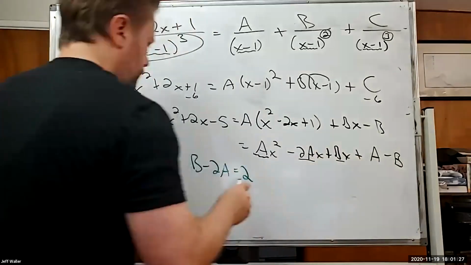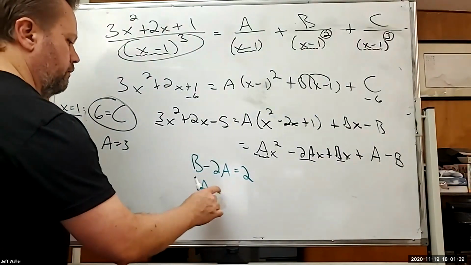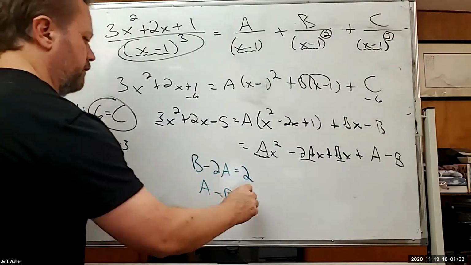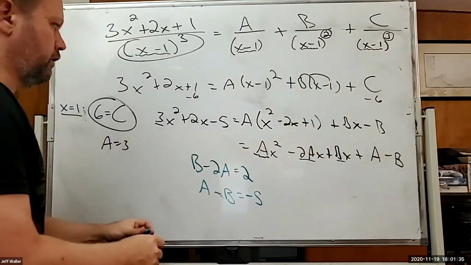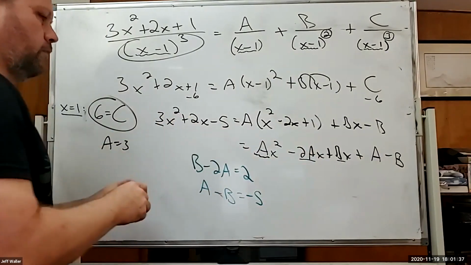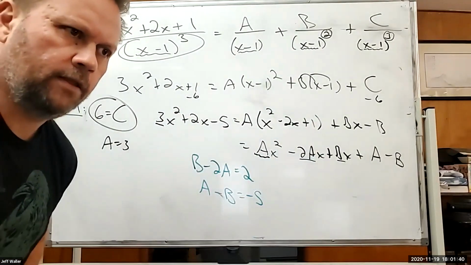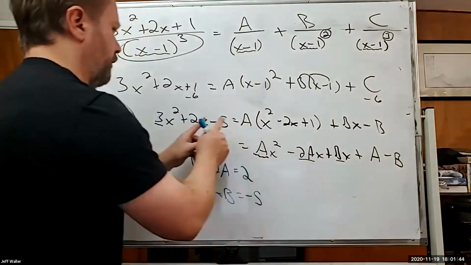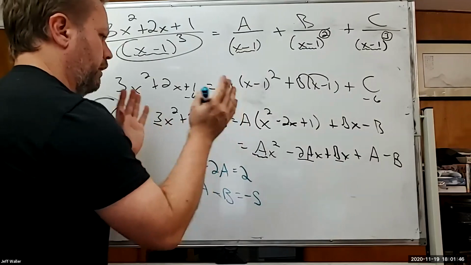And what's A minus B? -5. Any questions over how she got those? I think everybody can see that. Just equating coefficients. The stuff in front of the x here has to equal the stuff in front of the x there for this equality to be true.